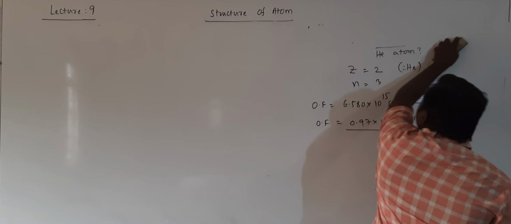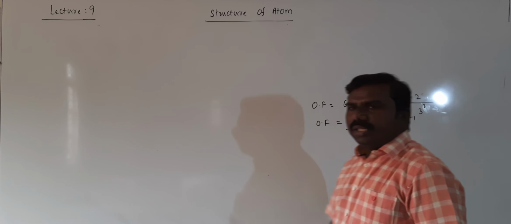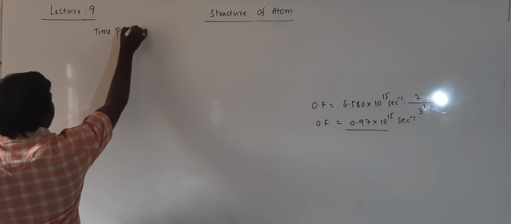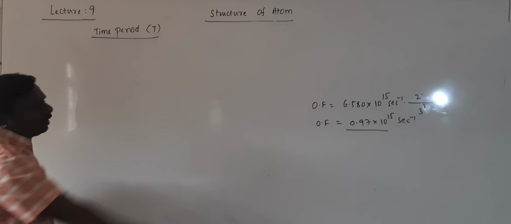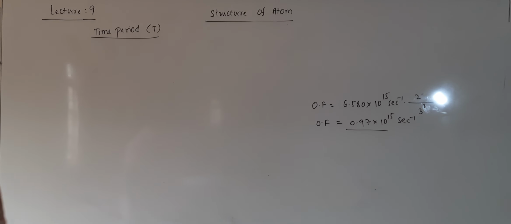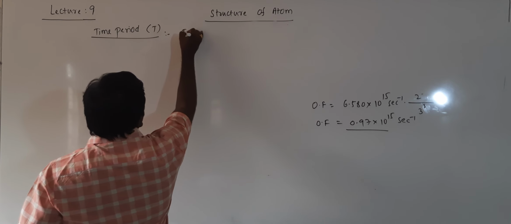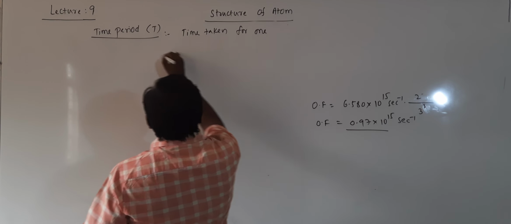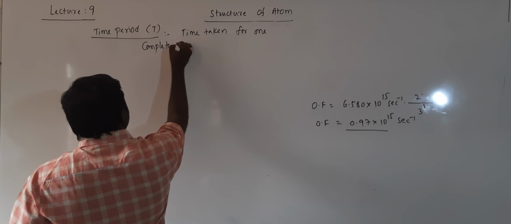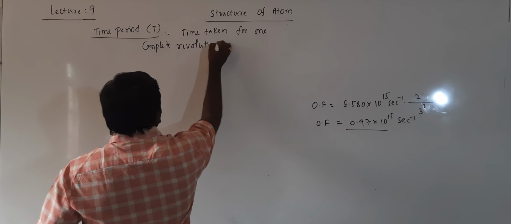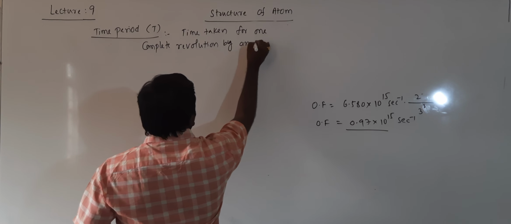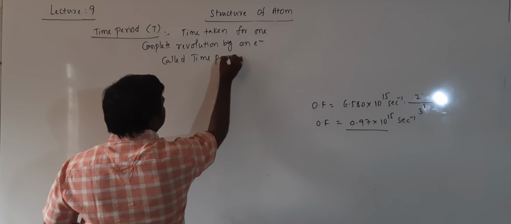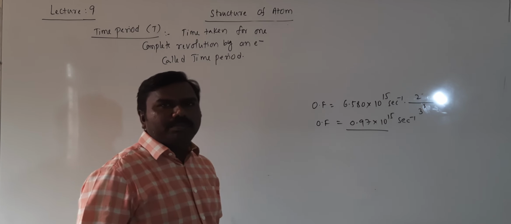It is indicated as T. The definition is the time taken for one complete revolution by an electron is called time period.